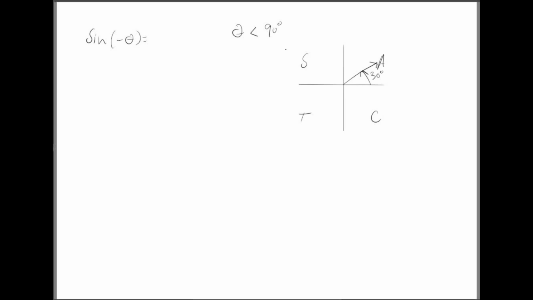The negative simply tells us that we are moving in a different direction. So instead of going anti-clockwise like we have this 30 over here, if I say minus 30, I'm going to be going clockwise. I'm going the other direction. If I were to draw minus 30, that would put me over here. So simply we are going 30 degrees in the opposite direction.